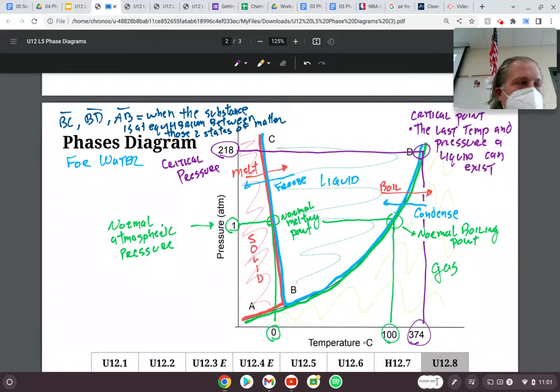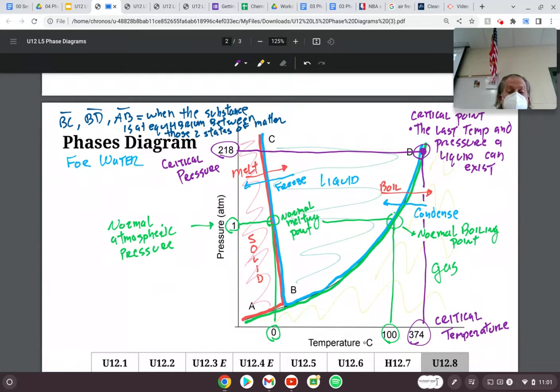And so down here, we would call this the critical temperature. So we have a critical pressure, we have a critical temperature, we have a critical point. And essentially, it's kind of where this line ends.